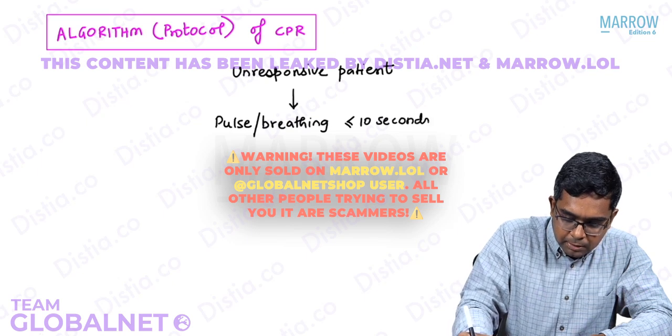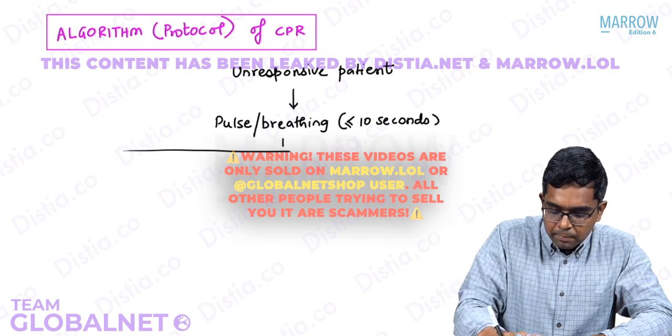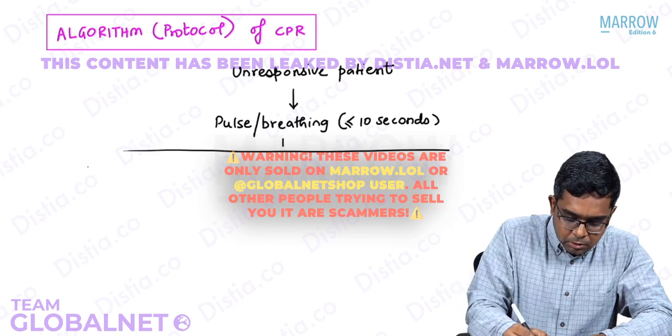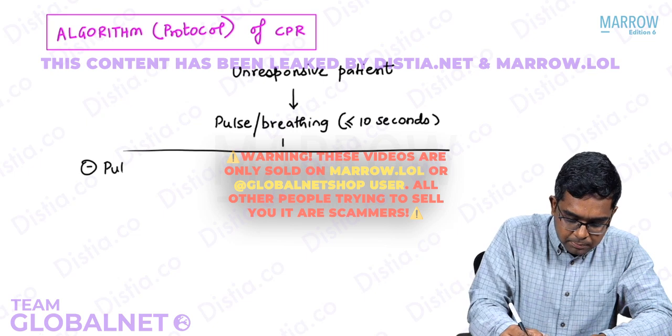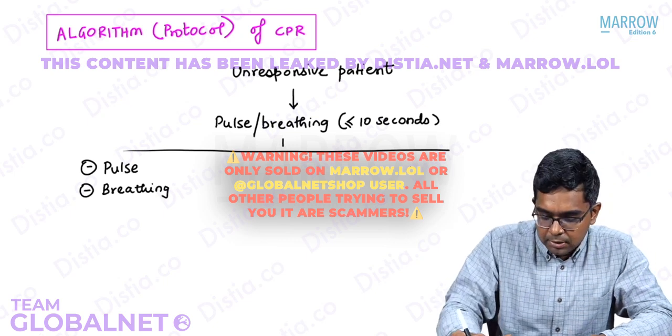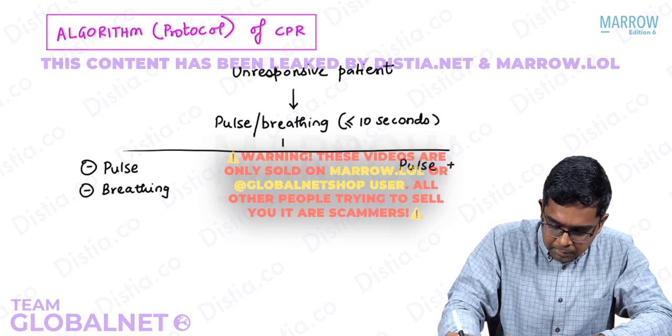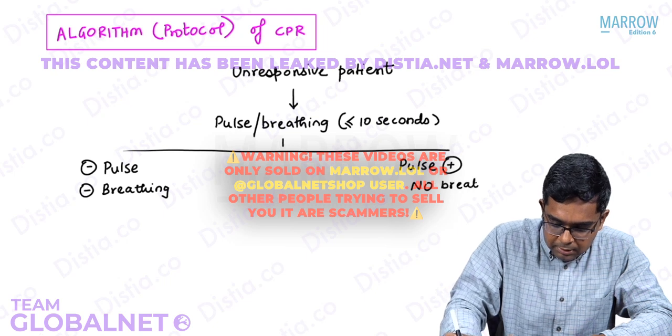Okay? And based on this, you can have two scenarios. One, where the patient is not having any pulse as well as the patient is not breathing. That is the first scenario. The second scenario is the patient is having a pulse but no breathing, absence of breathing. That is the second scenario.